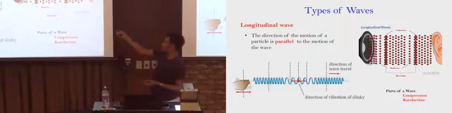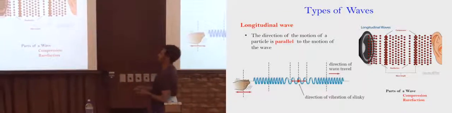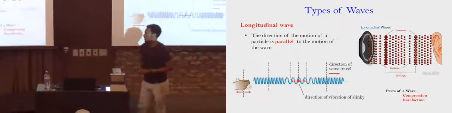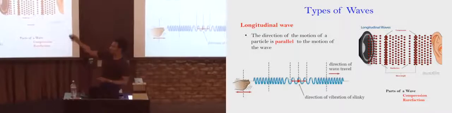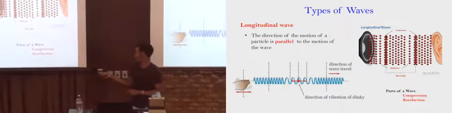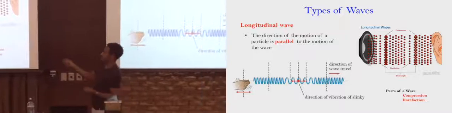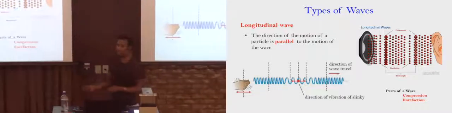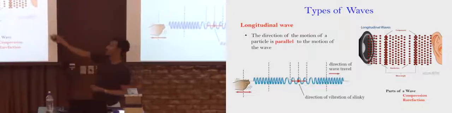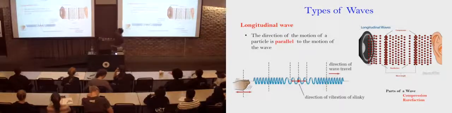So the direction of the motion of the wave is the same as the direction of the motion of the medium in the case of longitudinal waves. So these kinds of waves can be explained in terms of compression and refraction. Compression is the highest point where the energy can be found, and refraction is the lowest point where the energy can be found.